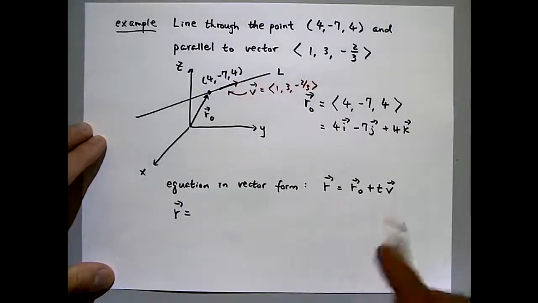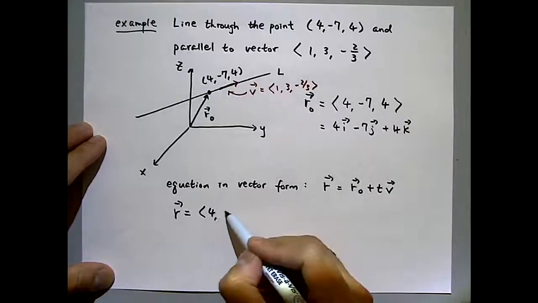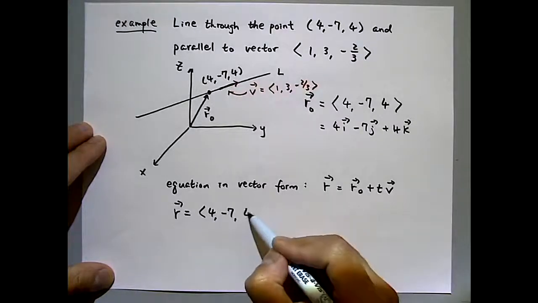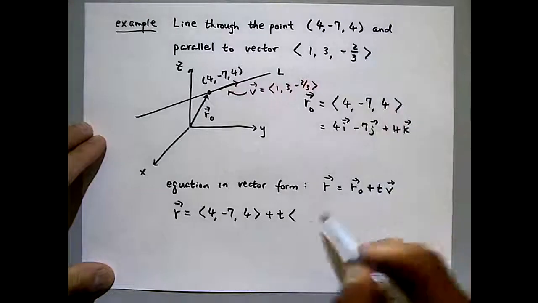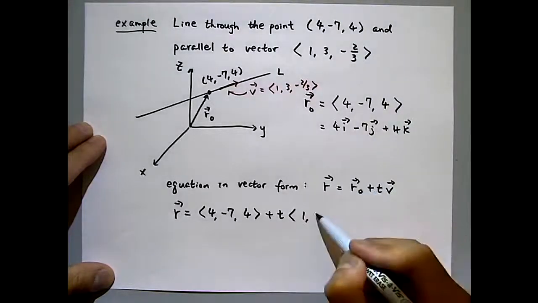Okay, so we got 4, minus 7, 4, plus t times v, 1, 3, minus 2 over 3.